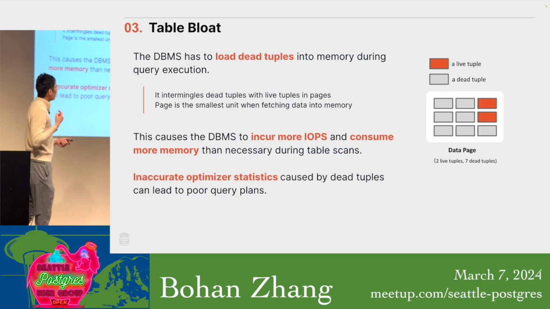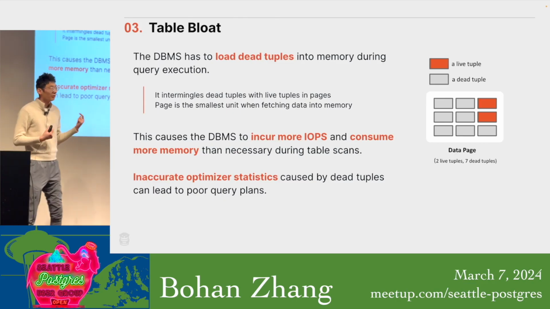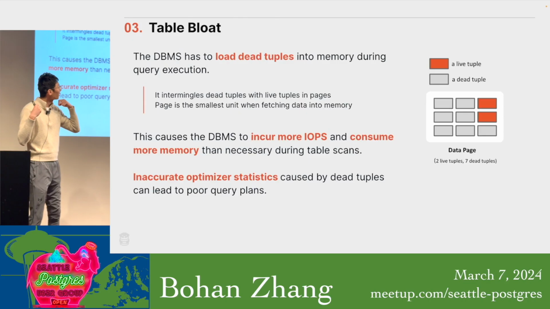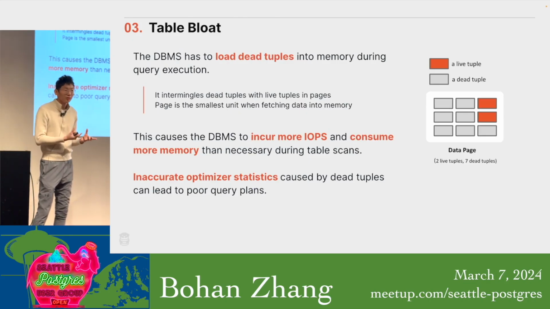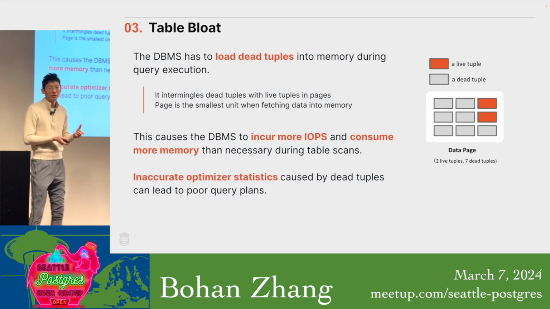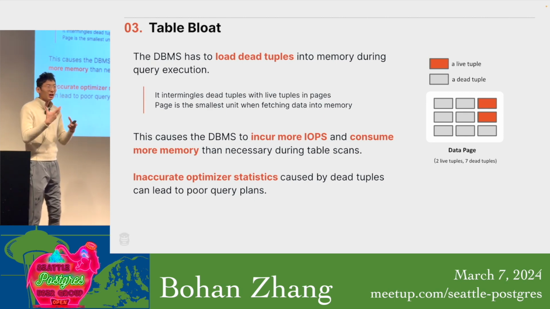And it can also lead to inaccurate optimizer statistics. Because, for example, if a table only has 1,000 rows, but it needs to fetch 10,000 rows into memory because of those dead tuples, it's not accurate.